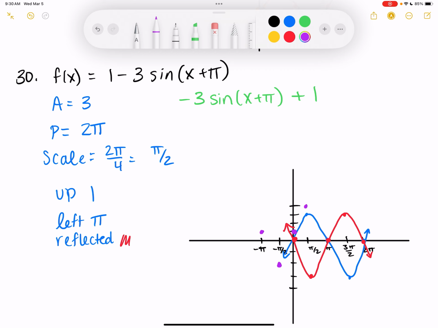And then this last point is at 2 pi. It's going to go left to pi, and then up 1. And I'm going to connect. And so this purple is my final.